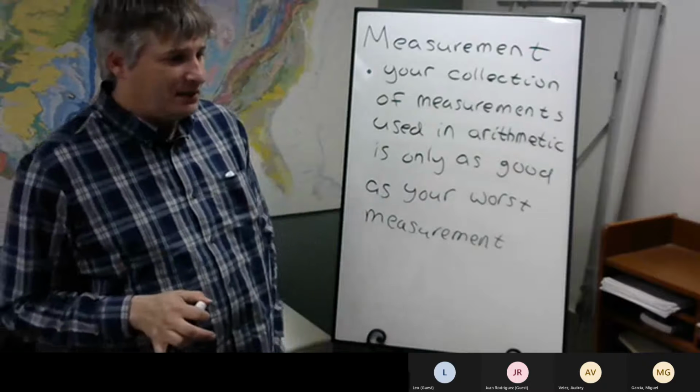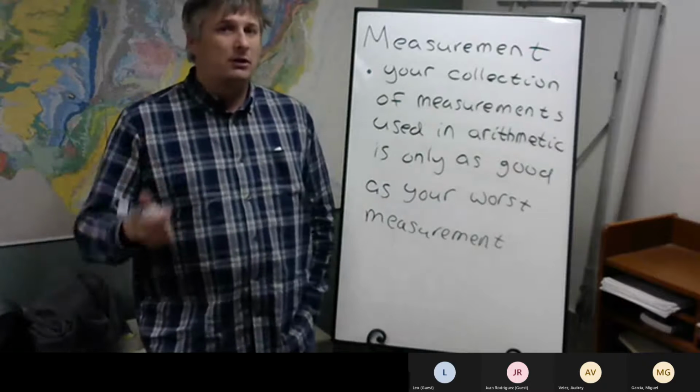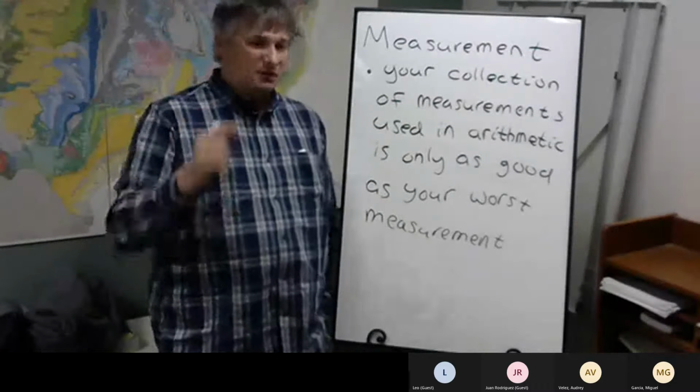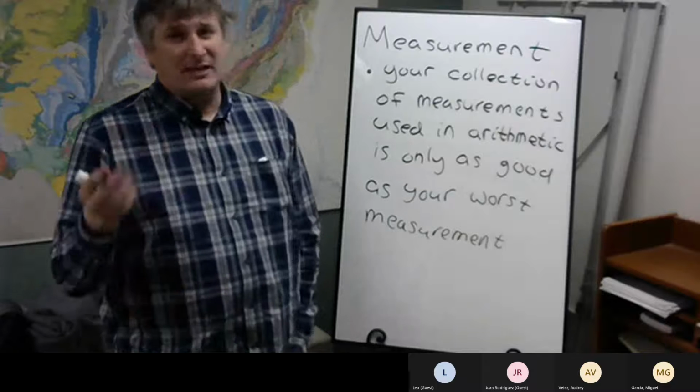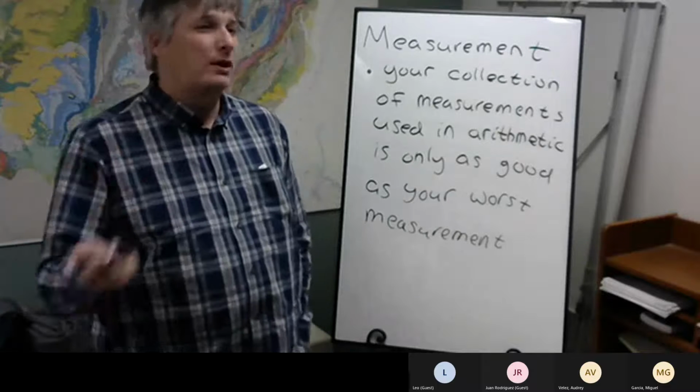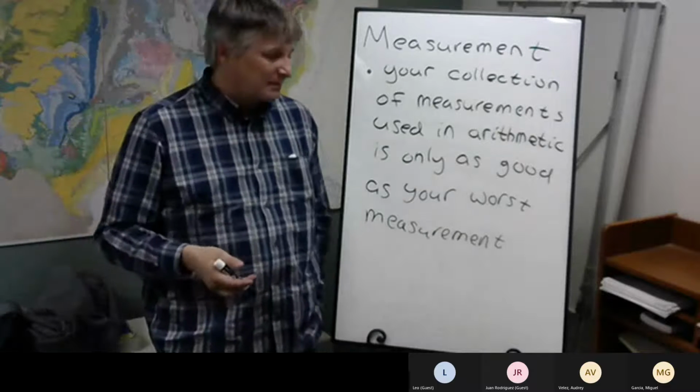And that means that you could do really, really well on taking your measurements, and then there's this one that's just kind of fudged it. That's going to actually govern what kind of answer you get on the other end.